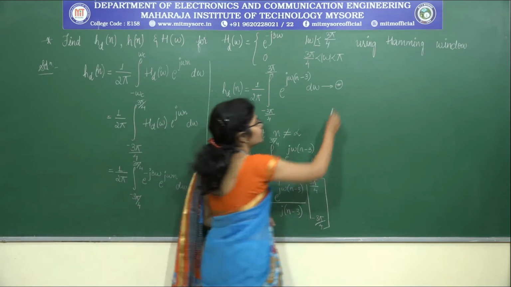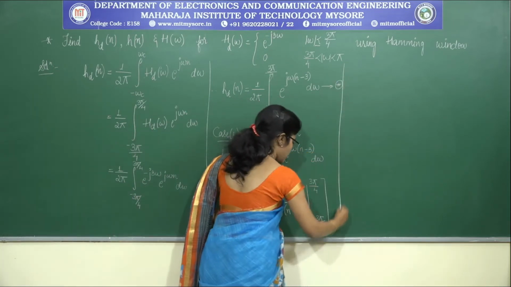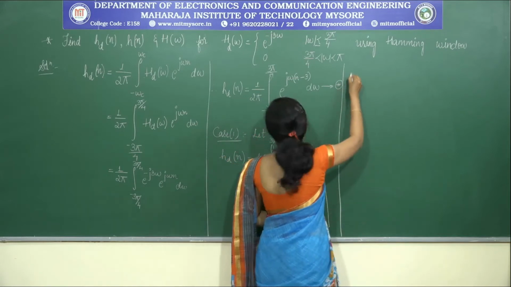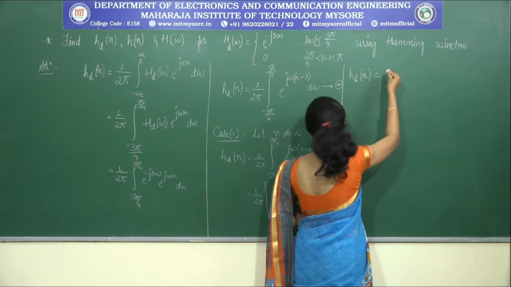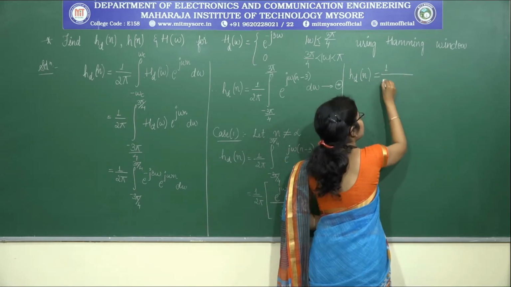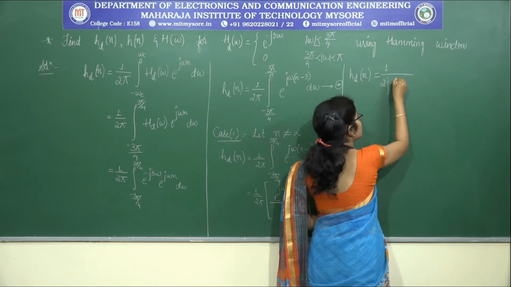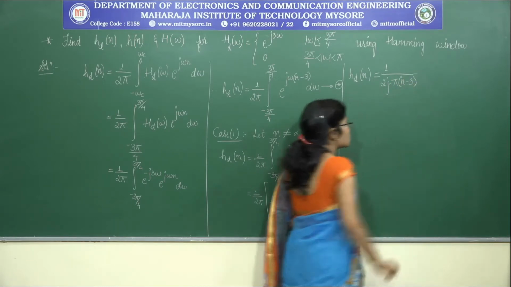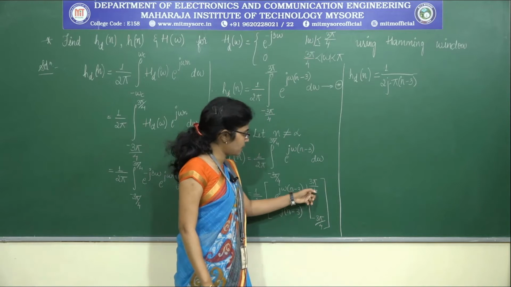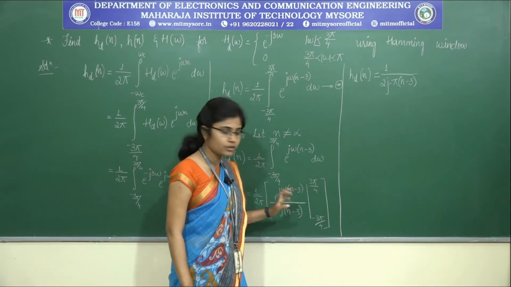Now I can take this outside because I am substituting the limits for omega. Continuing the simplification of case 1, hd of n will be equal to 1 divided by 2j into pi into n minus 3. Now let us apply the upper limit minus the lower limit.